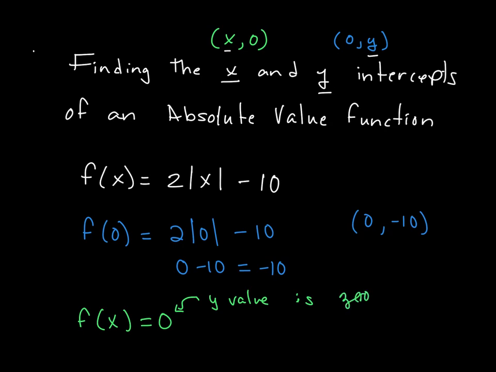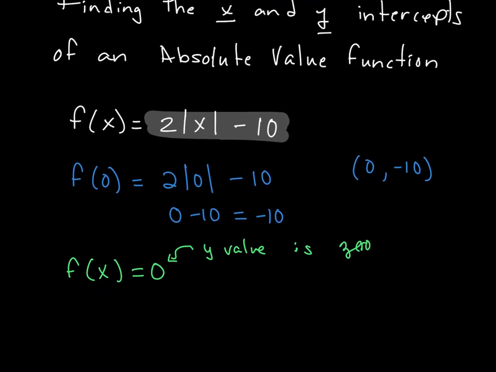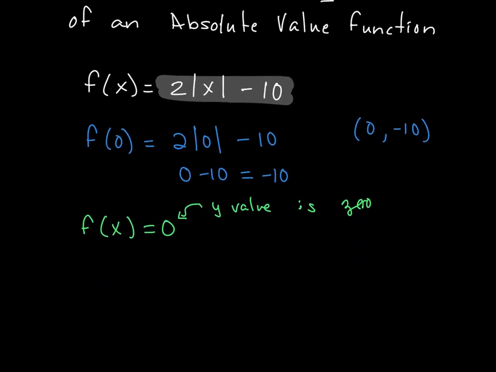So I go back to my original function, my f of x function, which is 2 times the absolute value of x minus 10, and I have to set that equal to 0.